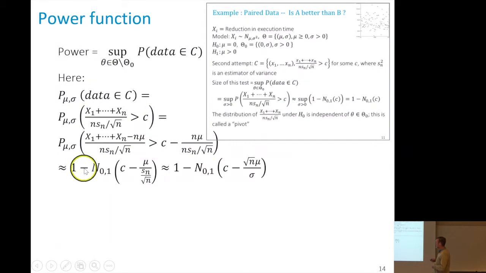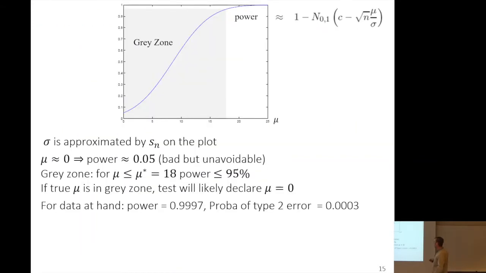So we will see after some math that this is equivalent to this, where the function mu appears in it, right? Which is approximately that. So it's a function of the unknown parameter mu here. I plotted it here as a function of mu. So mu is, imagine you know the truth, so the true difference in the distribution is mu. And the only question you had, is it positive or zero?